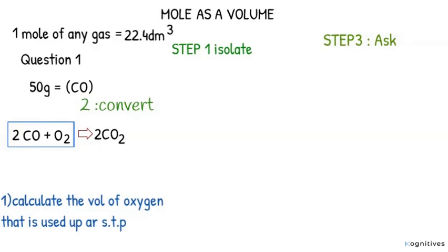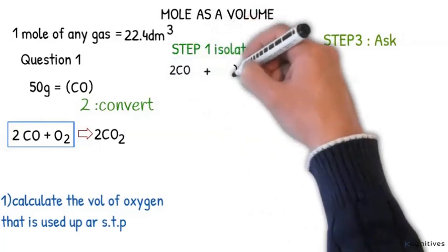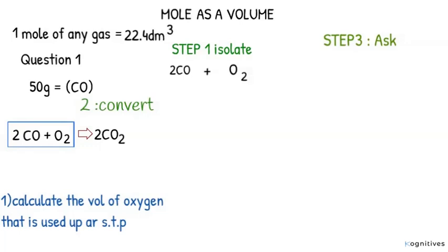So isolating, we are going to bring out the only two things that matter in the question, and they are what? Carbon monoxide and what? Oxygen. So you have the equation on the board. Look at the equation. I'm going to isolate or bring out carbon monoxide and oxygen such that we have 2CO plus O2. I have isolated.